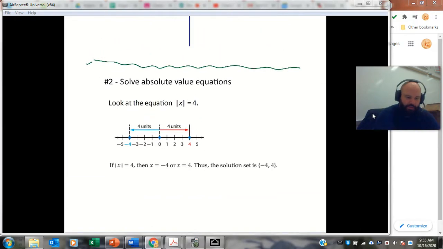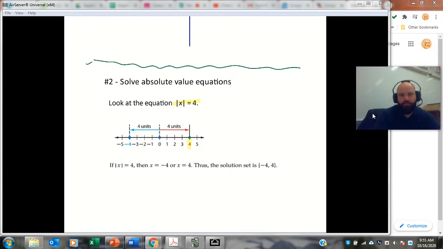So what you can see is it says solve the absolute value equation, and it shows the absolute value of x is equal to 4. And what you have to realize here is there's actually two solutions to this absolute value equation. Remember, absolute value is asking you the distance from 0. And so this says what numbers are 4 away from 0. And as you can see down here, of course, the obvious answer would be positive 4, right?